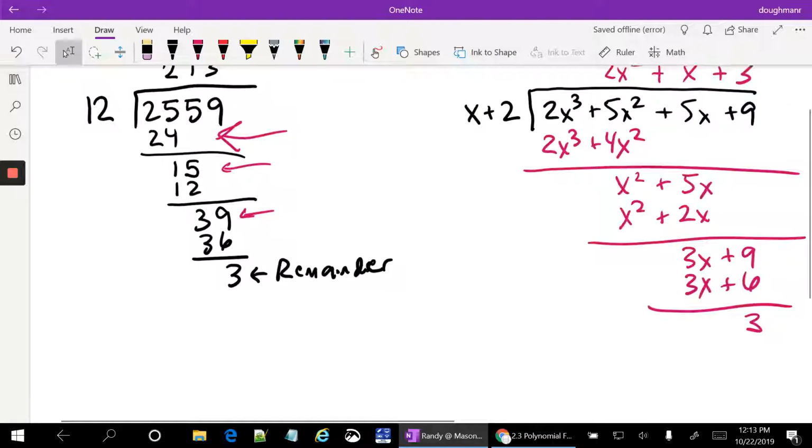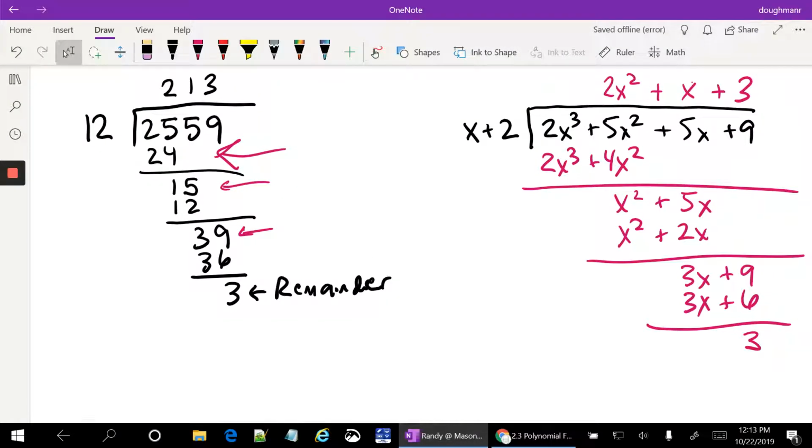So what this is really saying to the left is 2,559 equals 12 times 213 with a remainder of 3.